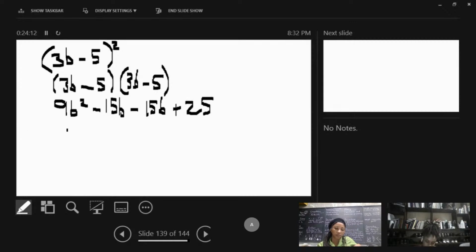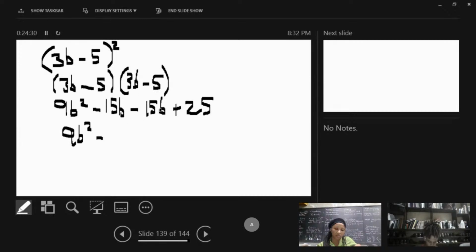And then let's put it together. So it'd be 9b squared minus 15b plus 25.